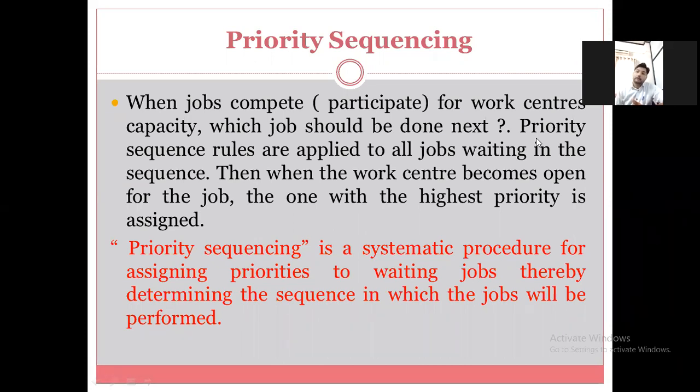Then when the work center becomes open for a job, the one with the highest priority is assigned. So priority sequencing is a systematic procedure for assigning priorities to waiting jobs, thereby determining the sequence in which the jobs will be performed. Does everyone get what is meant by priority sequencing?